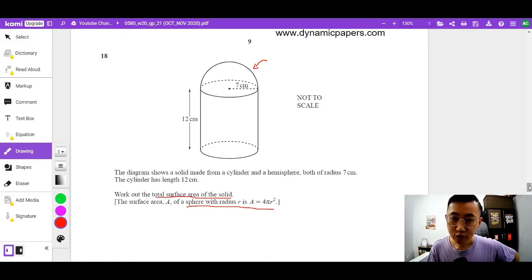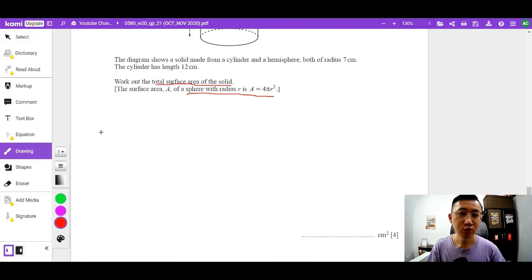So three parts, let us start. I want to do one part at a time. We do the hemisphere first. Hemisphere area: you take this formula 4 pi r squared. Since this formula is for a full sphere and our hemisphere is half of it, remember to times half in front. That is the technique. Half times 4 gives you 2 pi r squared.